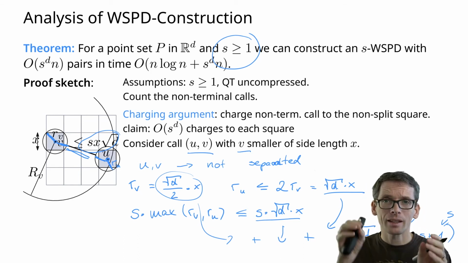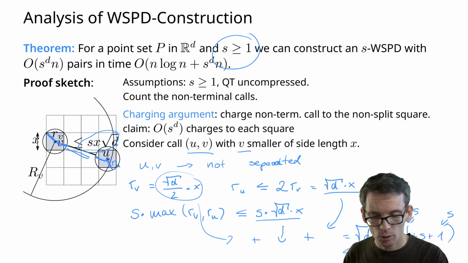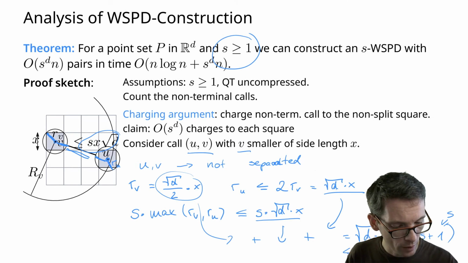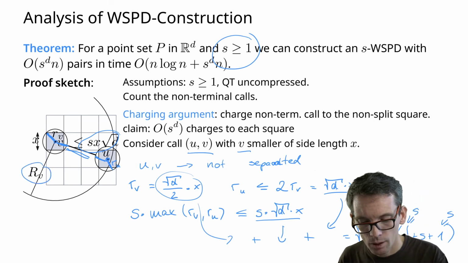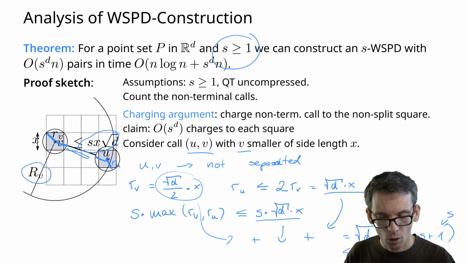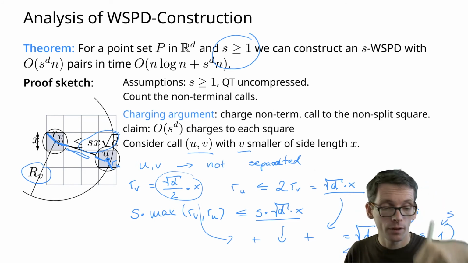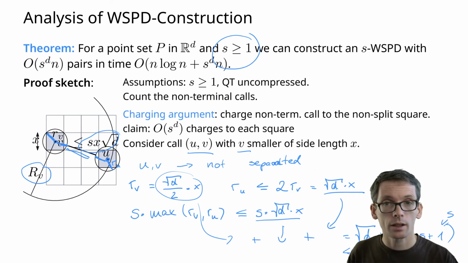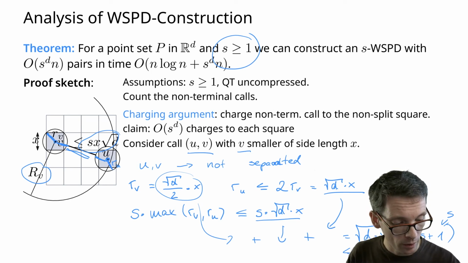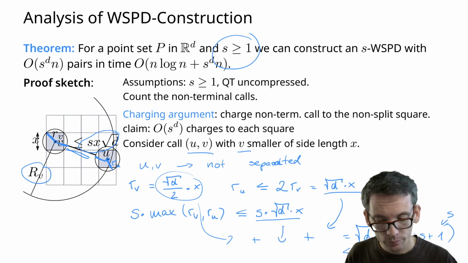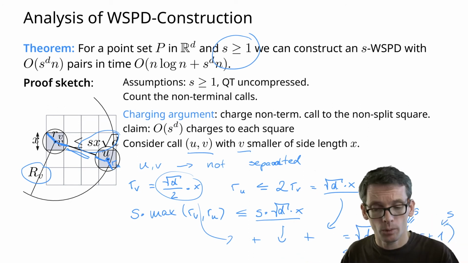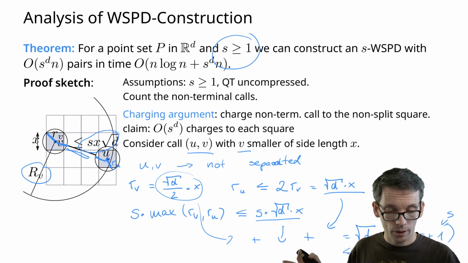So I know that the distance between the centers, and I'm going to call this radius big RV, means that the U to be split by V has to have its center within this radius big RV. Now I just need to count how many squares I can have within that radius.